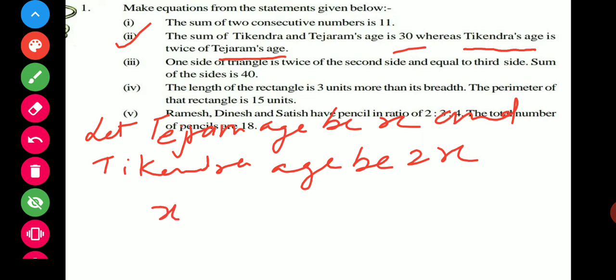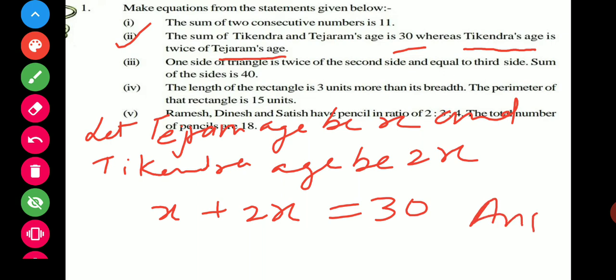So you can write x plus 2x is equal to 30. So that is your answer. You can make only the equation. Statement is given, so you can make only the equation. Don't solve it.